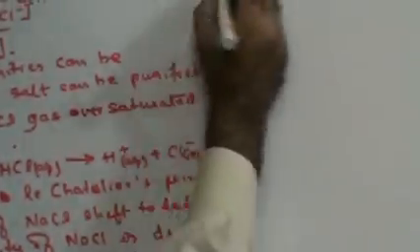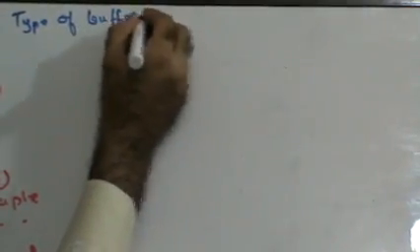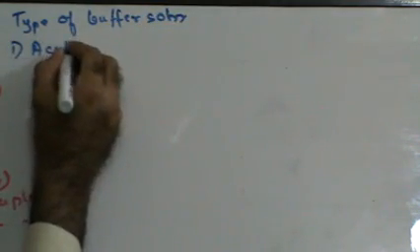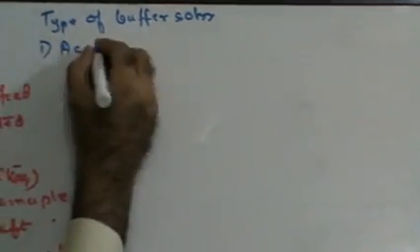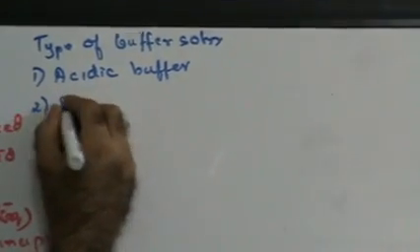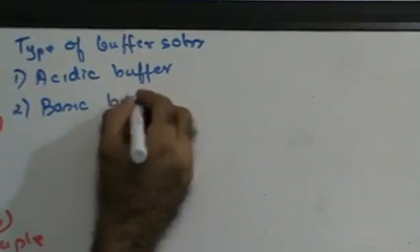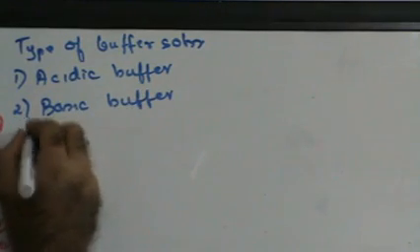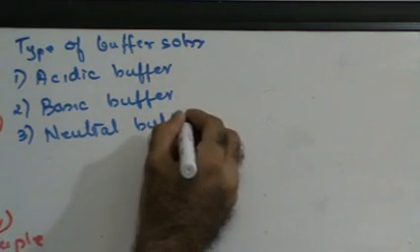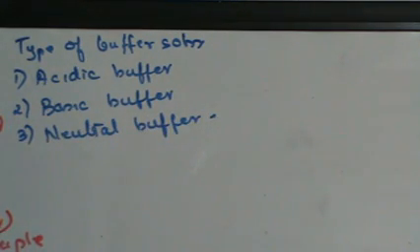The types of buffer solution are: first, acidic buffer; second, basic buffer; third, neutral buffer. These are the three different types of buffer solutions that you have.